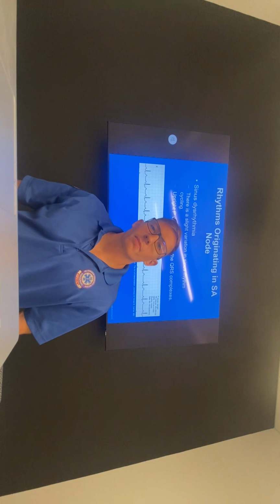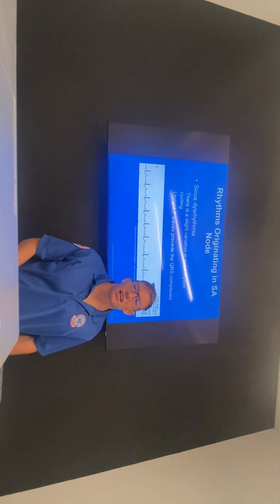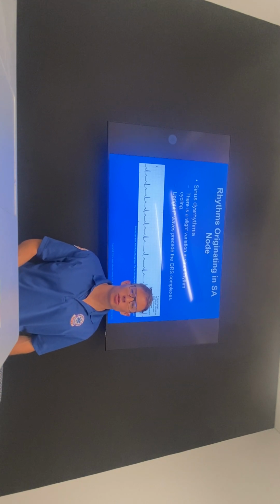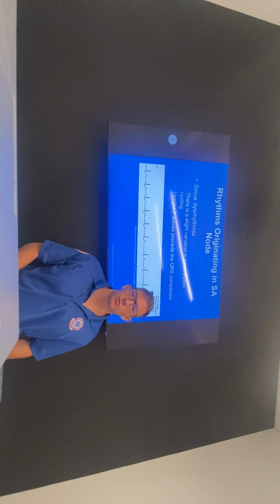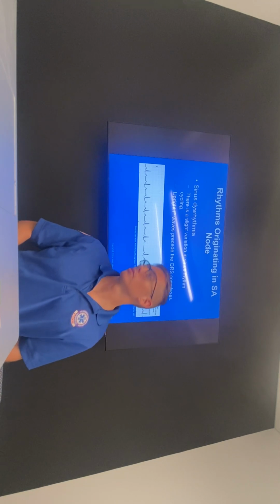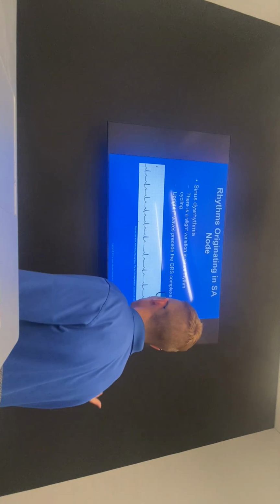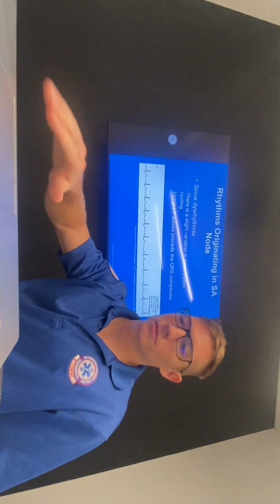Sinus dysrhythmia. Slight variation in the cycling of sinus rhythm, usually exceeding 0.12 seconds or 120 milliseconds between the longest and shortest cycles, associated with respiratory cycle fluctuations. So the P wave precedes every QRS complex.